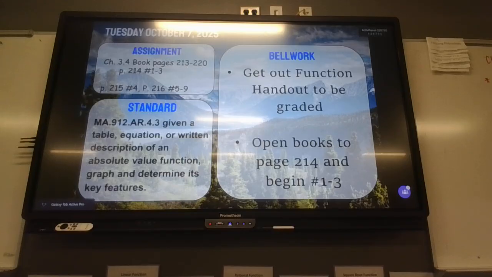Page 214, 1 through 3. I may shorten it depending on how much you guys have gotten done. We're also gonna do page 215, number 4. And then we're also gonna do page 216, 5 through 9. That's what I'm gonna do.